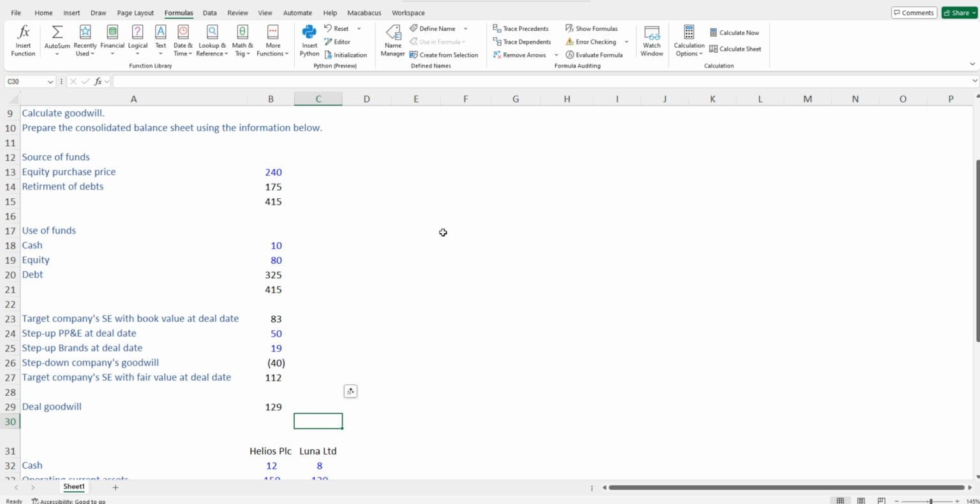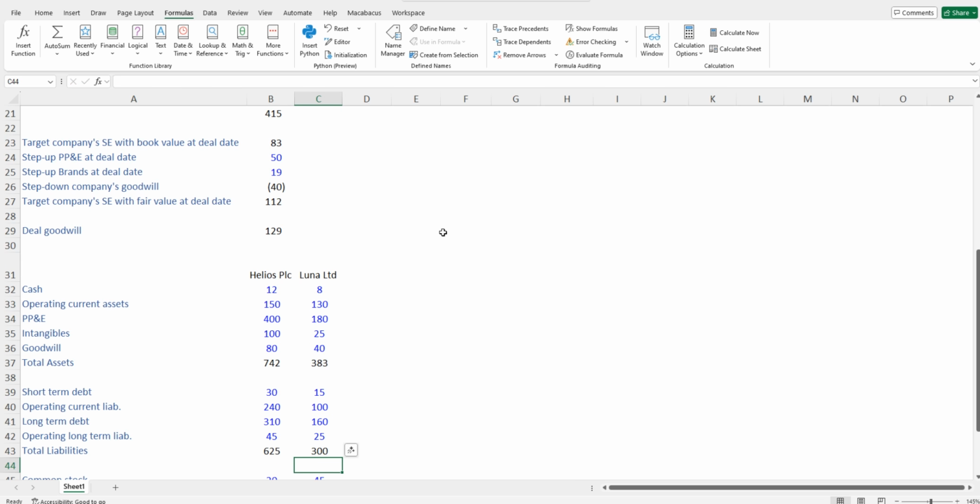Now the next step is to consolidate the two companies' balance sheets together. The first step is to calculate the assets, liabilities and equity of both companies.